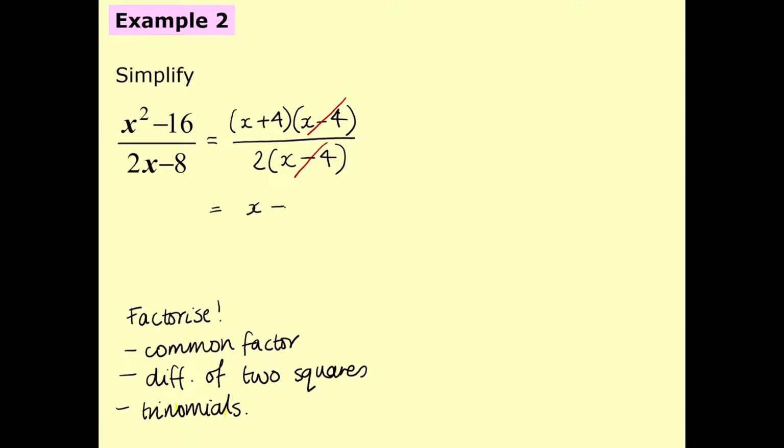And we'll be left with x plus 4 over 2. And remember, you can include your brackets if you want. And that's our final answer. So this time we have used a difference of two squares and also common factor to factorise, and then we've just used our skills of simplifying algebraic fractions to get our final fully simplified answer.